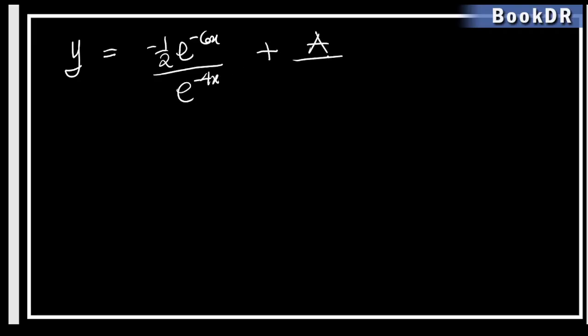We'll divide through by the integrating factor, so that y will stand alone. So y will be equal to minus half e exponent negative 6x all over e exponent minus 4x, then plus a over e exponent minus 4x.